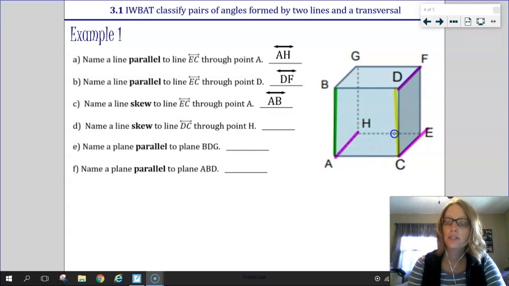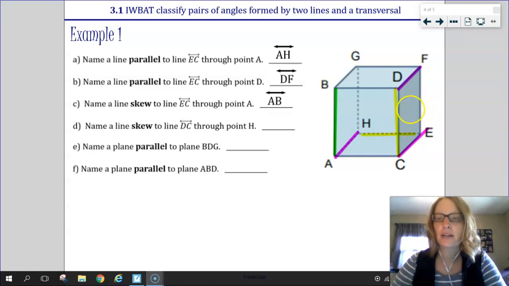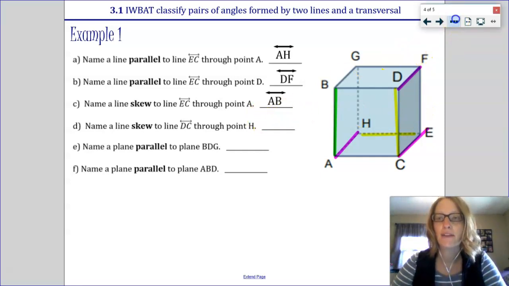Again, notice that H to E is going in a different direction than DC. H to E is a horizontal line, while D to C is a vertical line, and it's in a different plane. DC is in the front of the box, while HE is in the back of the box.